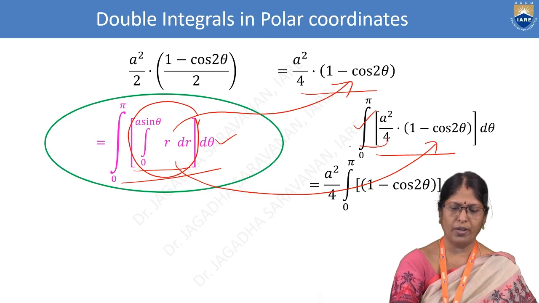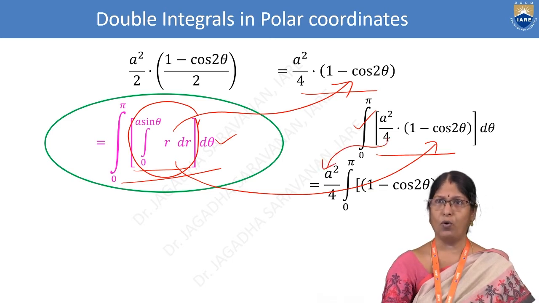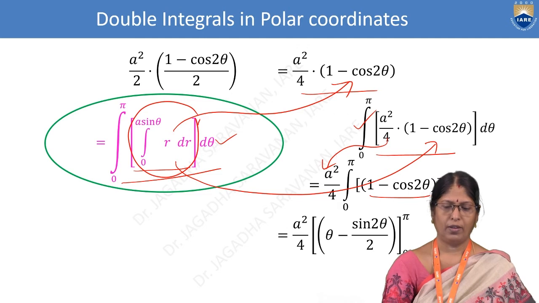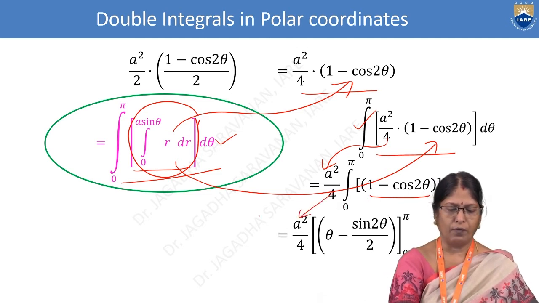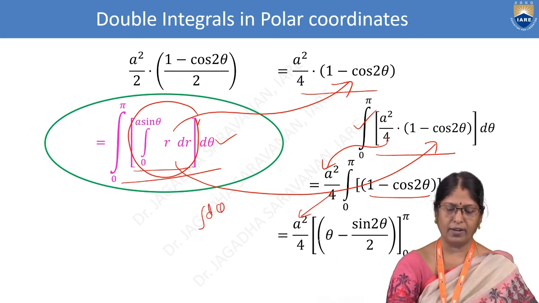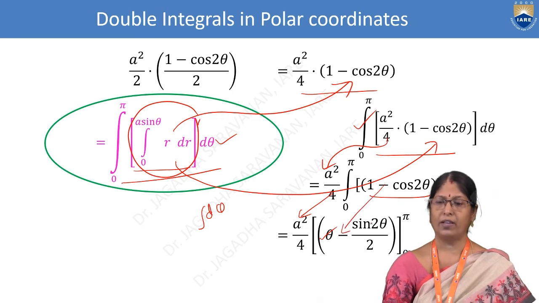So now here a square by 4, integral 0 to pi, 1 minus cos 2 theta d theta. We know the integral of d theta is nothing but theta. This minus sign stays as it is.